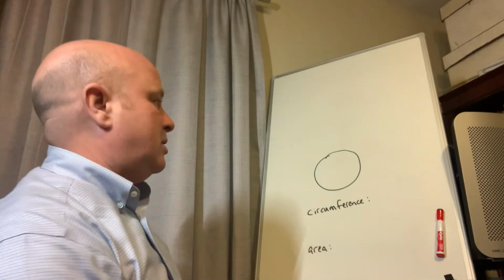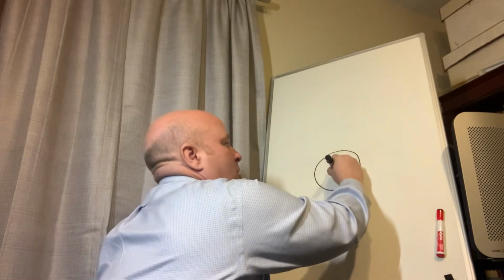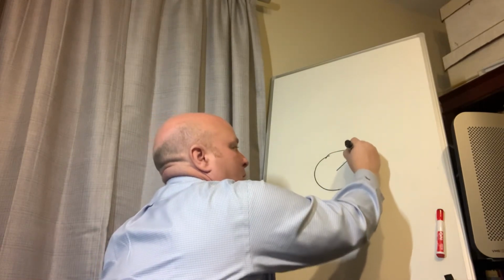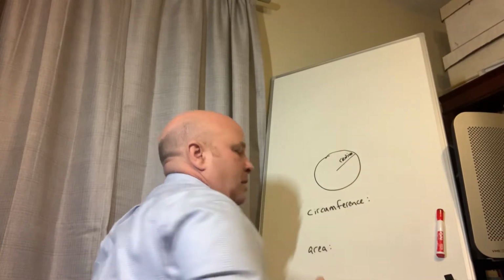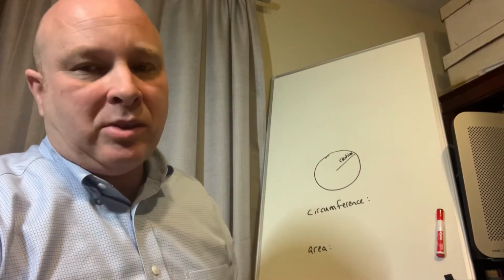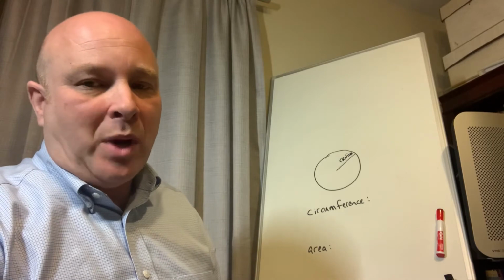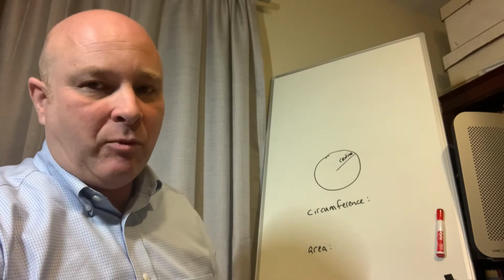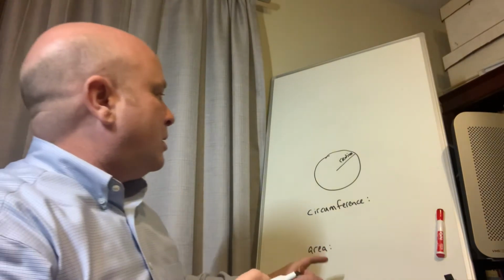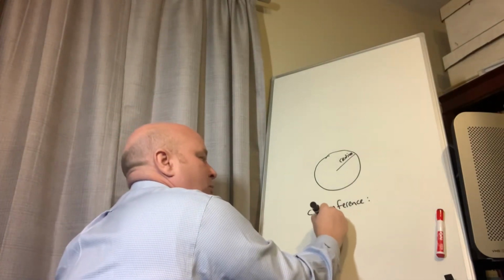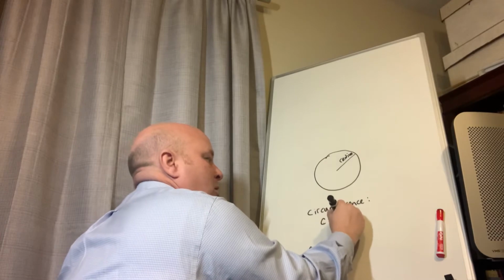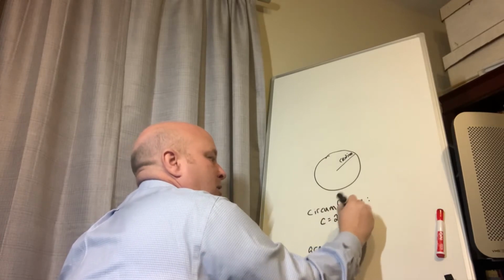The radius is the distance from the center out to here. So this is the radius. And there's a constant relationship between the radius and the circumference. The relationship is circumference equals 2 times pi times the radius.